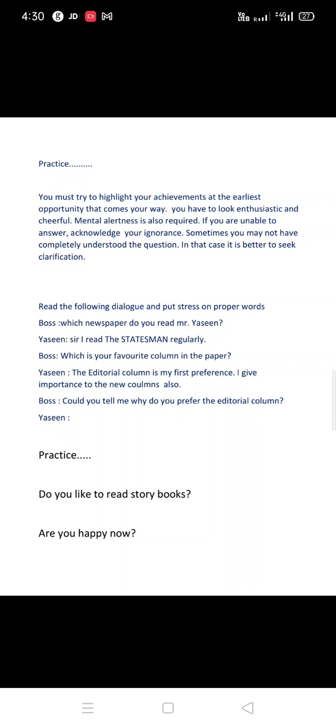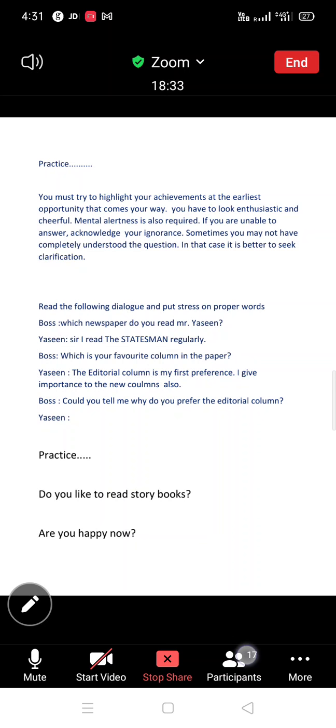Here you can see a passage. You have to read this passage and you have to put stress on proper words. Who wants to read?